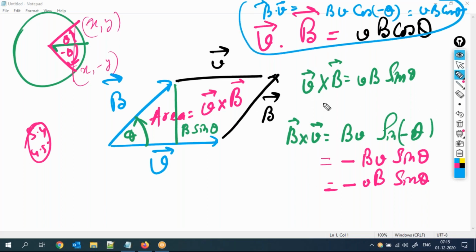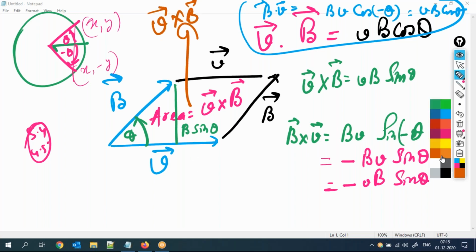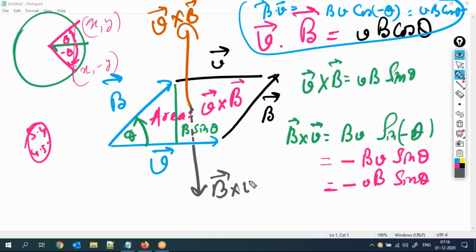But in this case, both are different. So one is V cross B, and this one is B cross V. Are you getting it?